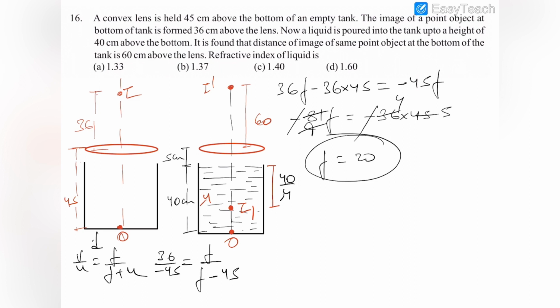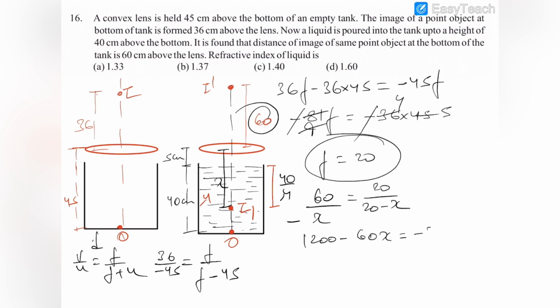So the value of u for the lens would be 5 plus 40 by mu, and the value of v is 60. Let us suppose u is minus x. So 60 upon minus x is equal to 20 upon 20 minus x. So 1200 minus 60x is equal to minus 20x, so 40x is equal to 1200 and x is equal to 30, and this 30 is 5 plus 40 by mu.